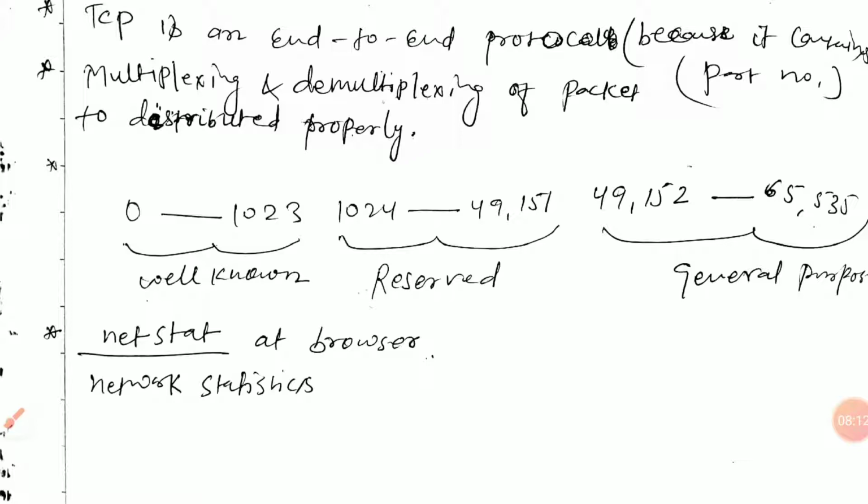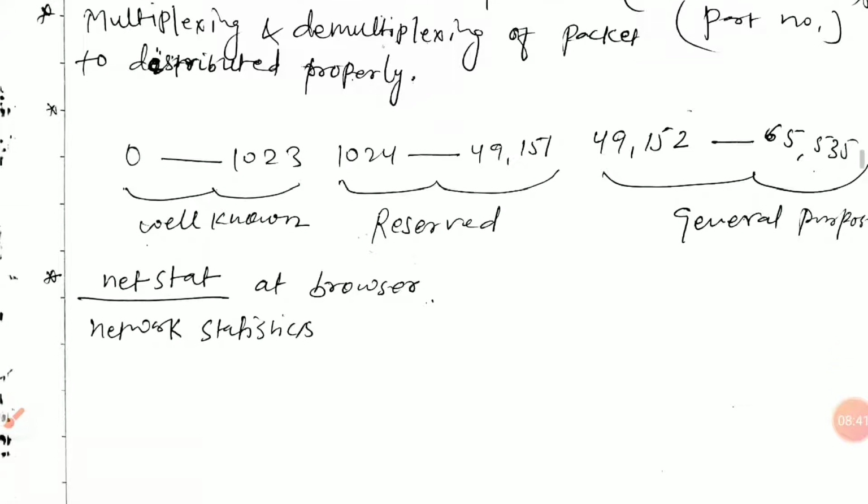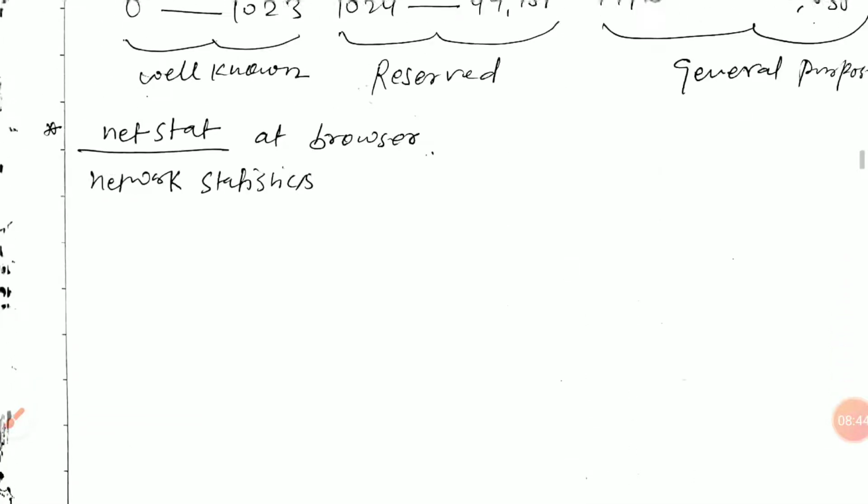Many times the destination port number is well known, but the source port number will be assigned by your operating system, which by default picks a random port number from the general purpose range, 49152 to 65535. If you want to check your port services, you can type netstat. You will get your network statistics, what your source port number is, what the destination port number is and so on.